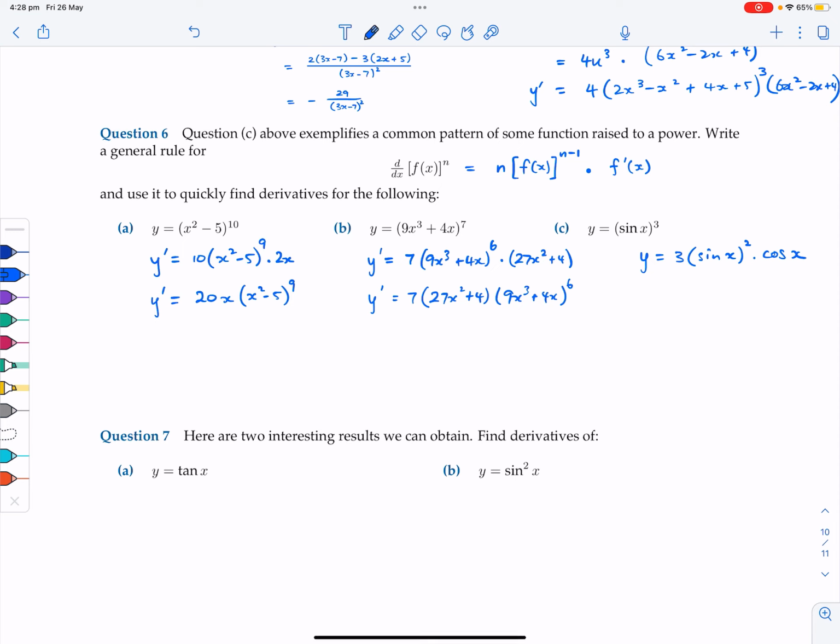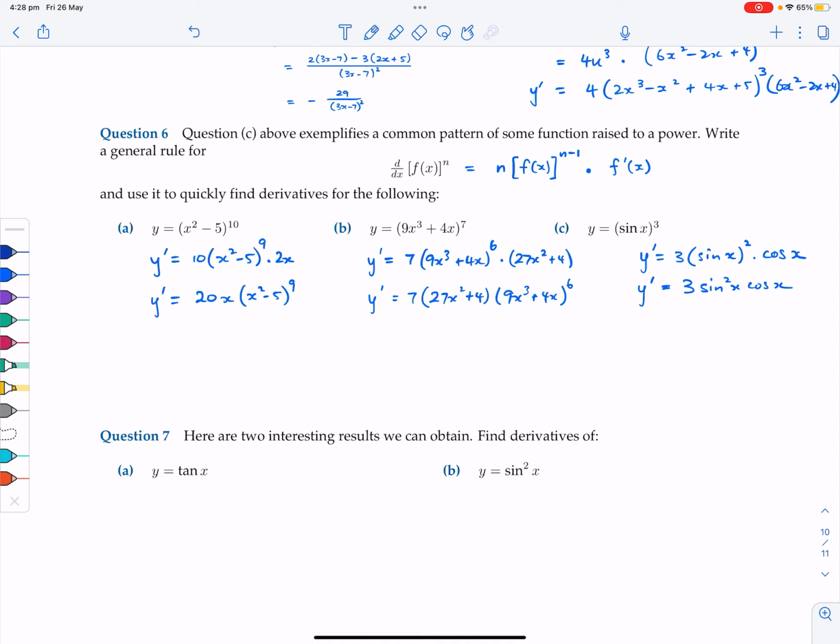Absolutely no big deal about making that change, but that's one that you would tidy up. And here there's nothing really to tidy up. That should say y dash, sorry. Instead of writing sine x all squared, you could write 3 sine squared x cos x. That would be more typical.